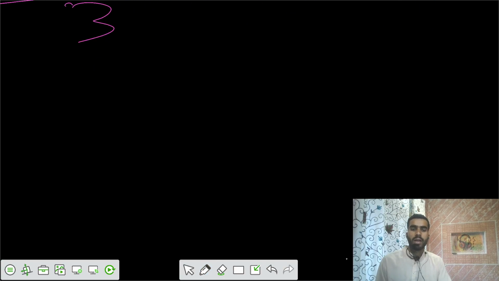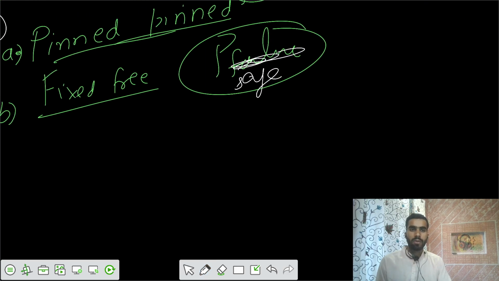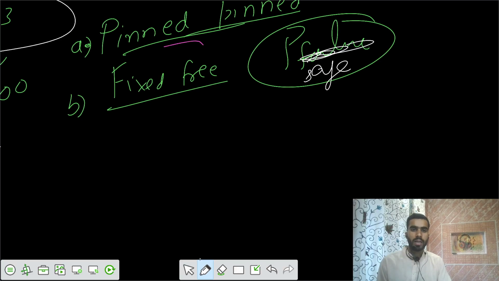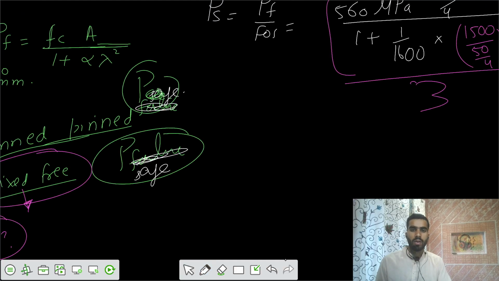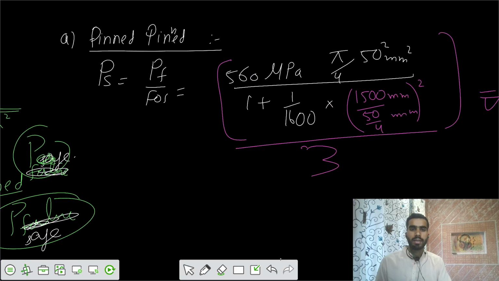And if you take the second case, that is fixed free, the parameters are the same except that the effective length is varying. For the two cases, the rest of the data is the same.